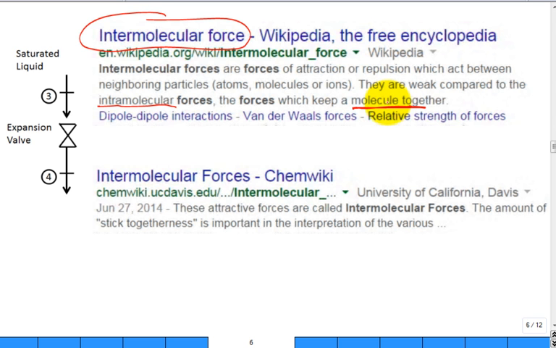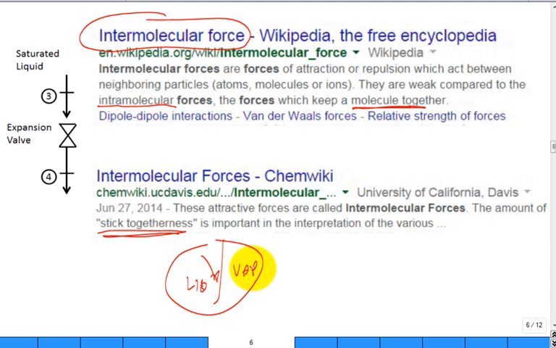You're breaking that type of bond, that type of attraction. So the intermolecular forces are the stick-togetherness of the liquid, and you need some energy. Where does it come from? Well, from one pocket to the other pocket, so to speak. The whole thing will go down in temperature. Some will remain liquid, some will remain vapor, but the total energy of the system didn't change. And that's what makes it cold, right away cold.